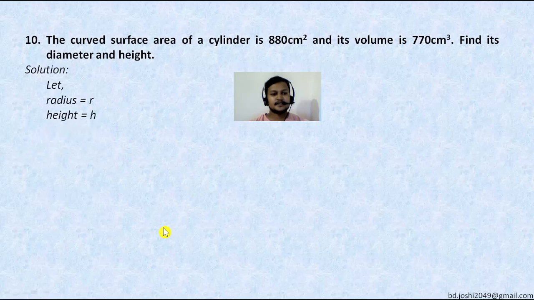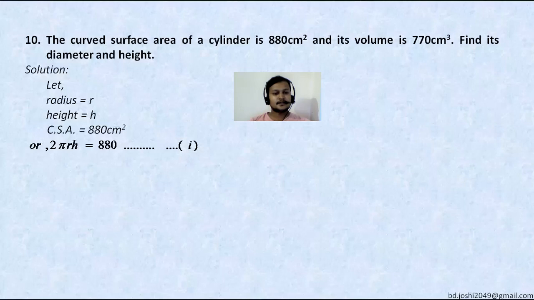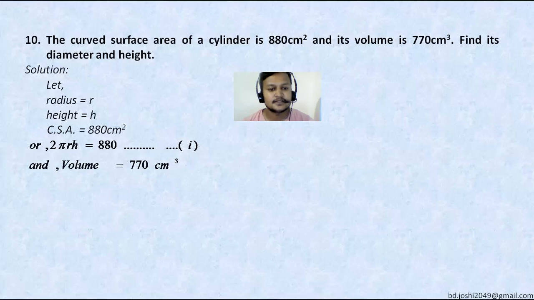Radius is not given, so I said let it be r. Height h. Curved surface area is 880 square centimeter. And the formula for curved surface area is 2 pi rh, which is equal to 880. Let this be equation first. Now second one, volume. Volume is equal to 770 cubic centimeter. And what is the formula for volume?